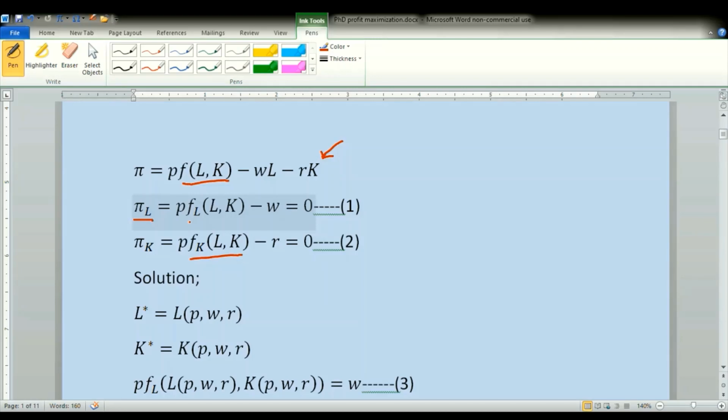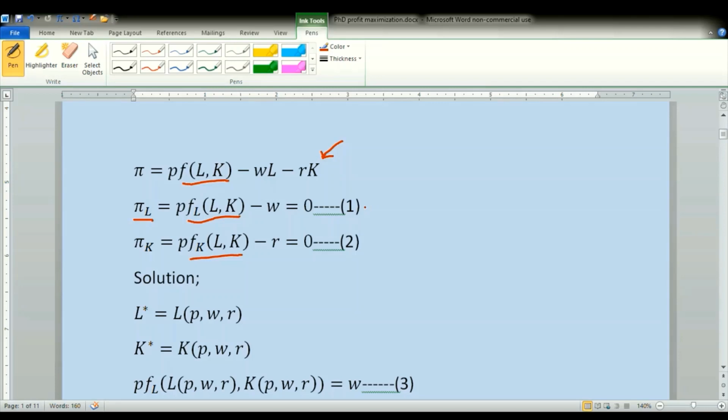Remember that the derivative of the production function with respect to labor is marginal product. So this is your marginal product of labor. And when you multiply marginal product of labor with price, you actually get value of marginal product of labor.